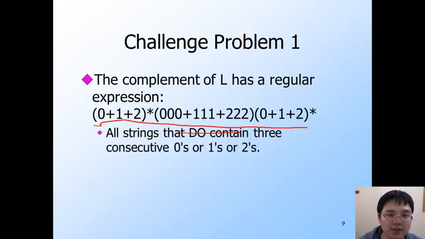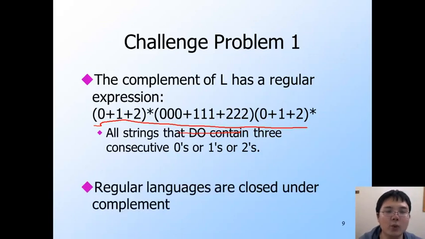This regular expression exactly defines all strings that do contain 3 consecutive zeros, or 1s, or 2s. Additionally, we have the nice property that regular languages are closed under complement. So it follows that L, the complement of the language of this regular expression, is regular.